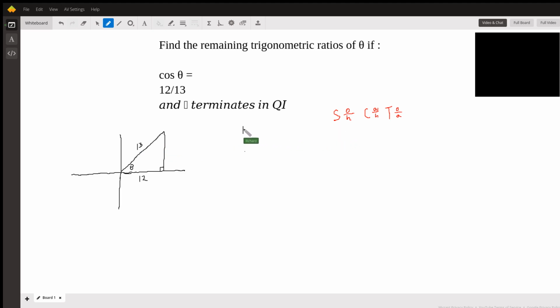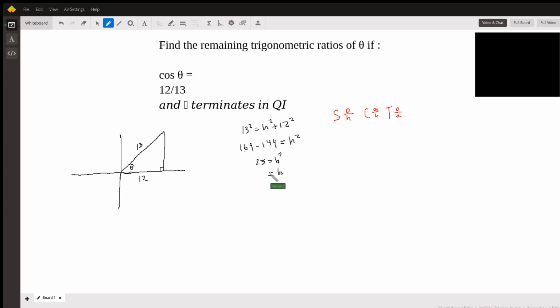So you'd have 13 squared equals, we'll call that h squared plus 12 squared. So 13 squared is 169 minus 144 is equal to h squared. So 25 is equal to h squared.